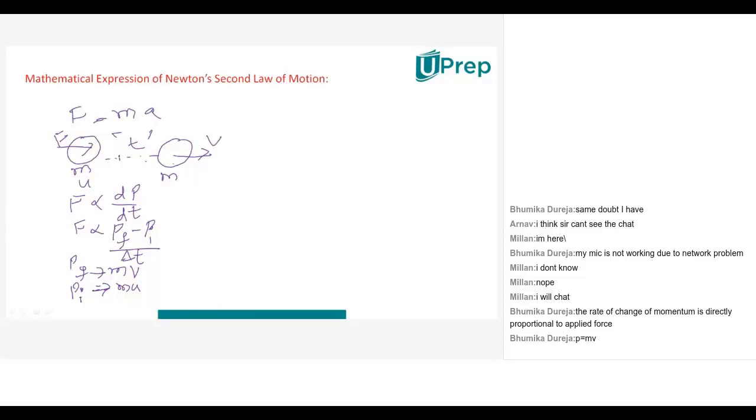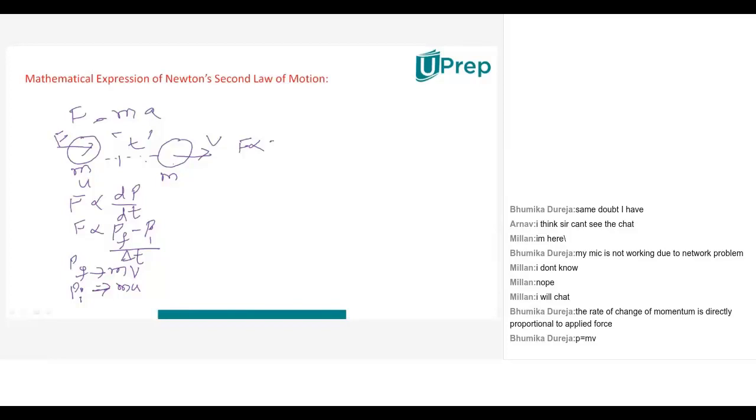This proportionality constant can be found by taking a particular condition. Suppose we applied a force of 1 Newton on a mass of 1 kg object, by which it gained an acceleration of 1 meter per second square. Then what will be the k value? 1.